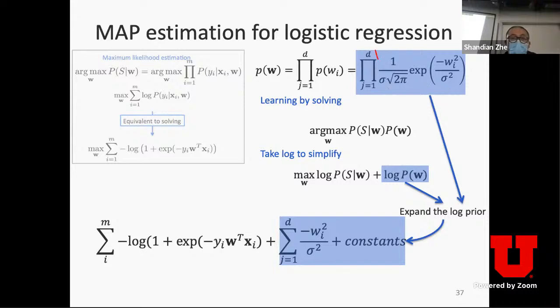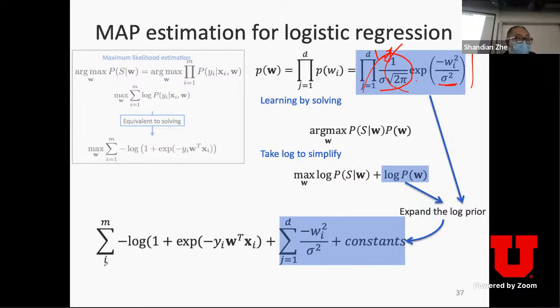If you take a logarithm, this term has nothing to do with W, it's just a constant, and log and exp cancel. So the log prior is a summation over each weight, where each summand is minus Wi squared over sigma squared as the exponent term, plus some constant.